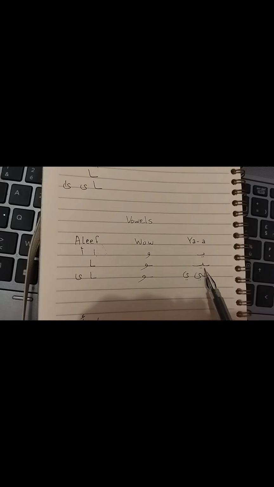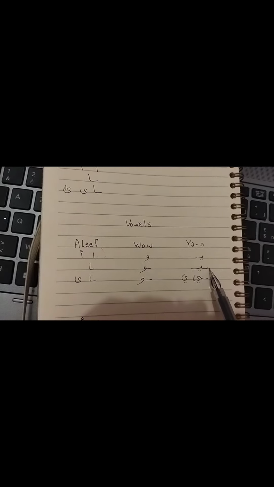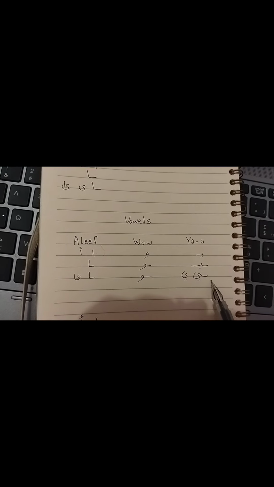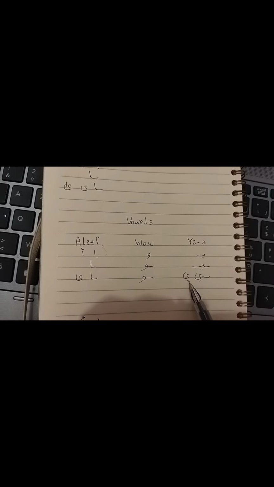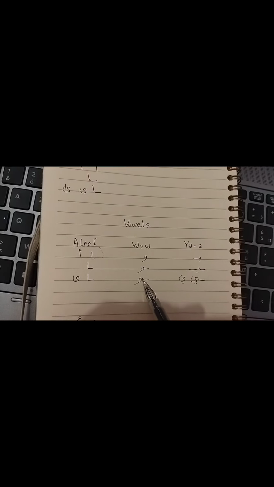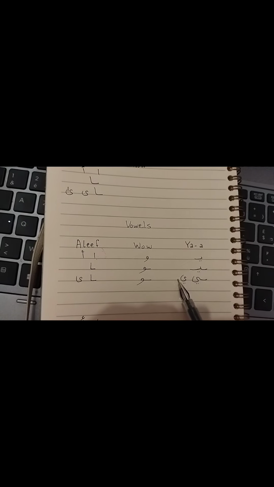That's why in the middle of the words you can find that it has these two lines here, so it can be attached both from the right and left. And at the end of the word it is attached from here, and if it is written with some alphabet that cannot be attached from the left, like Waw, it is written just like that.